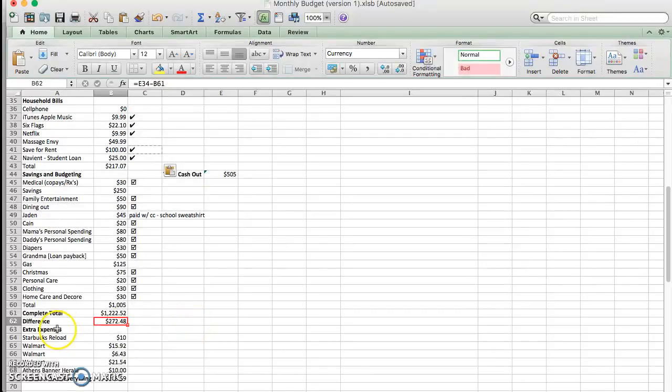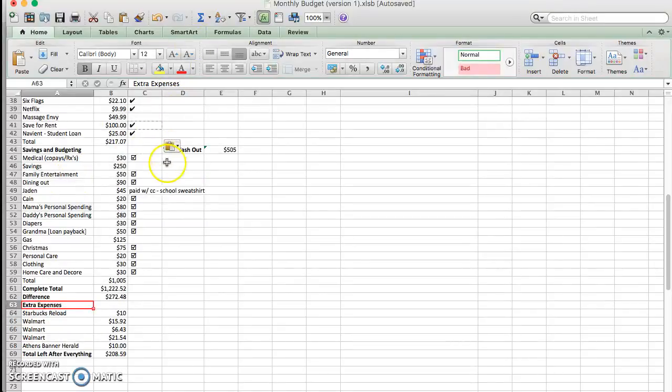But I do have extra expenses, which I add in at the first half of the month when we have them. I don't factor in any extra expenses because I prefer not to have them, but if we do have them, these are things that are coming directly out of the checking account. So for example, I reloaded my Starbucks card, and this is me and my husband going out for coffee together, and instead of using our cash, I just reloaded it through the checking account.